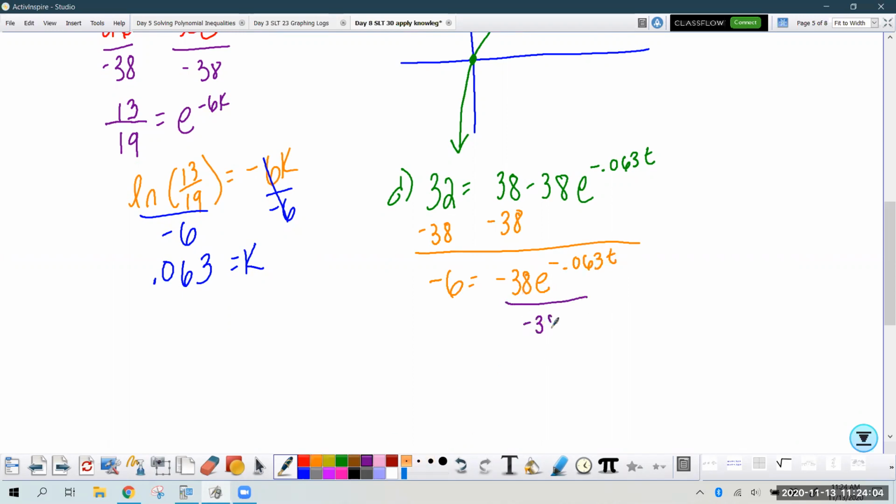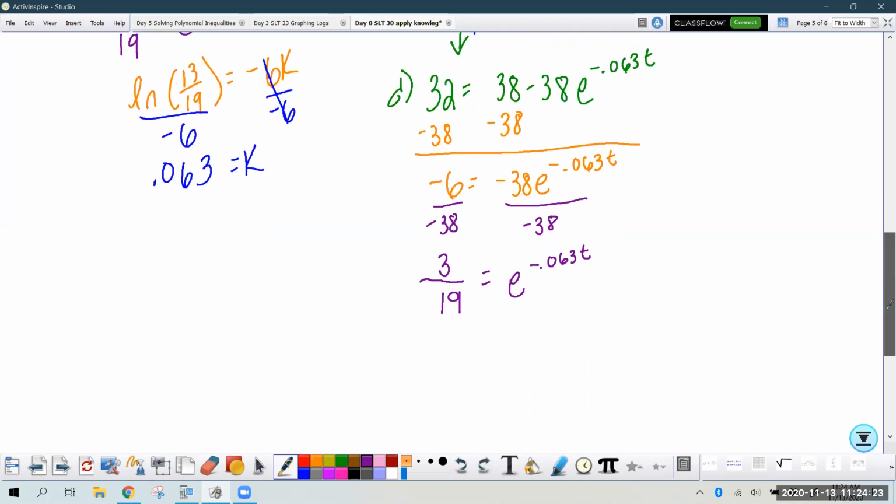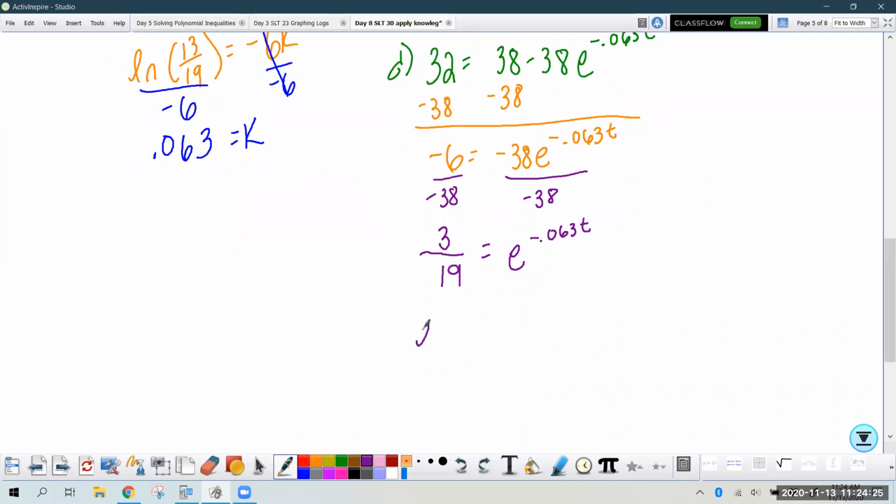Divide by negative 38. So negative divided by negative is positive again. We can reduce both of these by 2. Convert to an ln to solve.